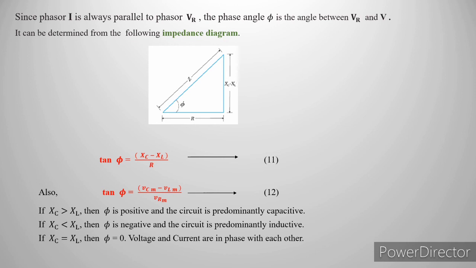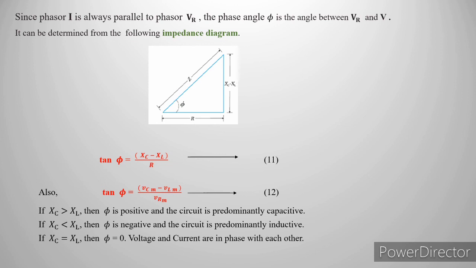The bottom of the triangle is equal to R and the vertical side is equal to XC minus XL and the hypotenuse is equal to Z, and the angle made with the resistor R by the hypotenuse is equal to phi. Taking tangent value of phi, we get tan phi is equal to XC minus XL by R. This is equation 11. Also, tan phi is equal to VCM minus VLM by VRM.